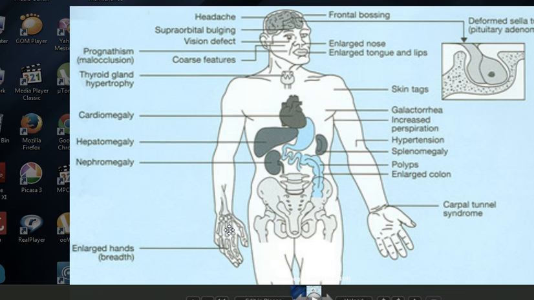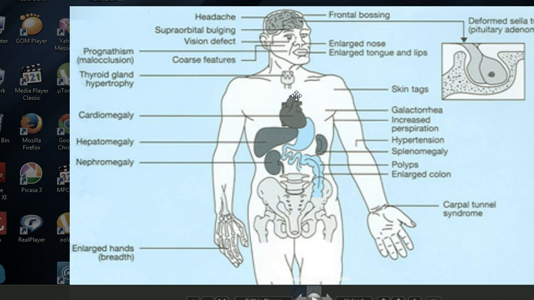In the hands it will cause spade-like hand or enlargement of the hands, and compression of the median nerve causing carpal tunnel syndrome.